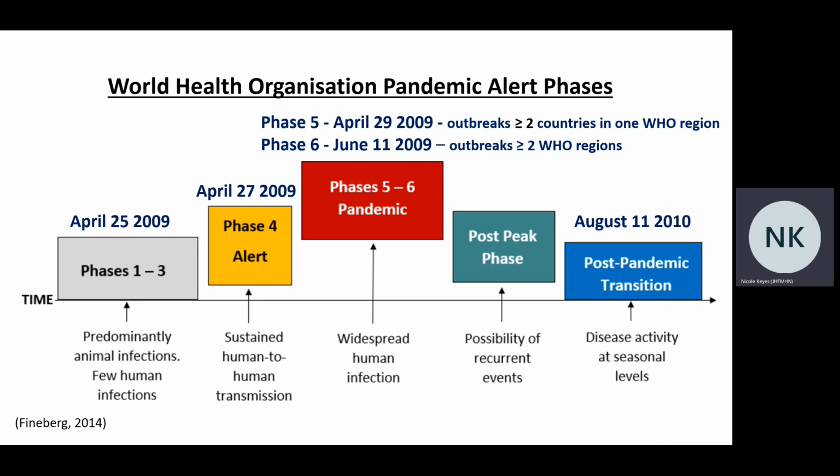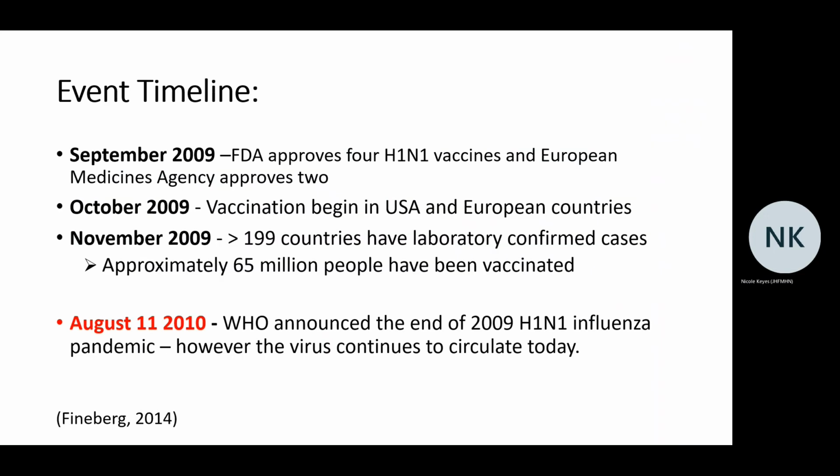In September 2009, the H1N1 virus has become the predominant circulating virus worldwide. In September 2009, the FDA approves 4 H1N1 vaccines, and the European Medicines Agency approves 2. In October 2009, vaccinations begin in the USA and European countries.